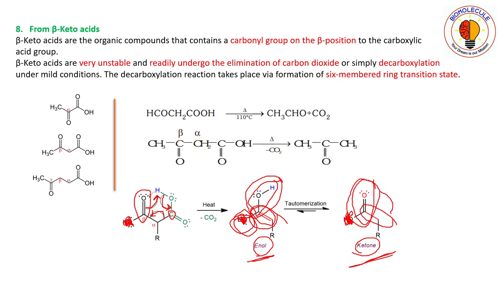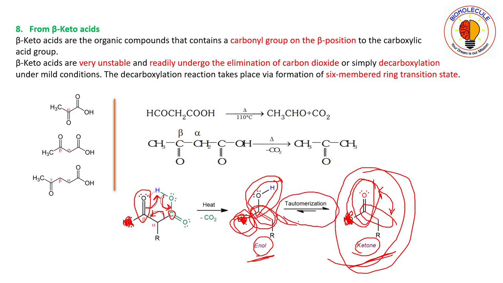If we take these two bonds together and measure the sum of their enthalpies, the sum for C=O plus C-C is much greater than that for C=C plus C-O. So the carbonyl form is very stable compared to the enol form, and the equilibrium always tends towards the carbonyl form.